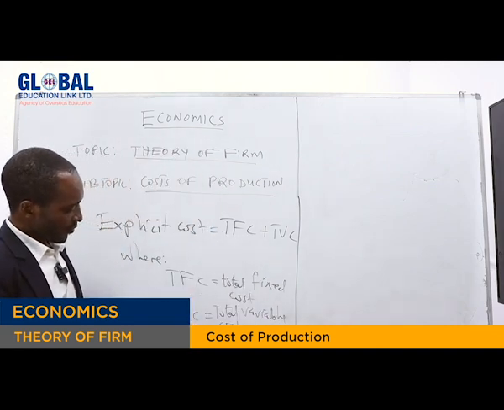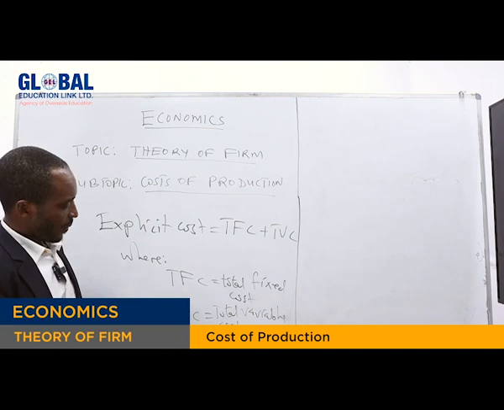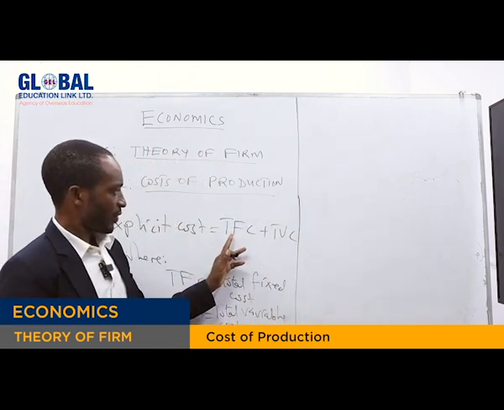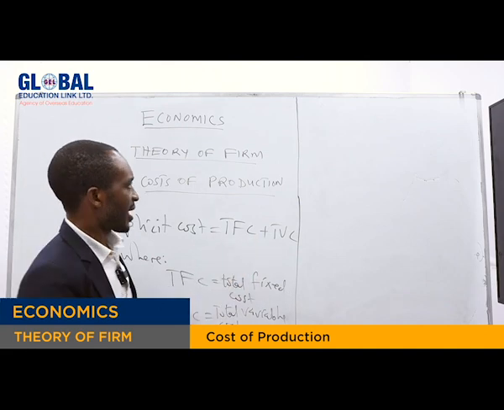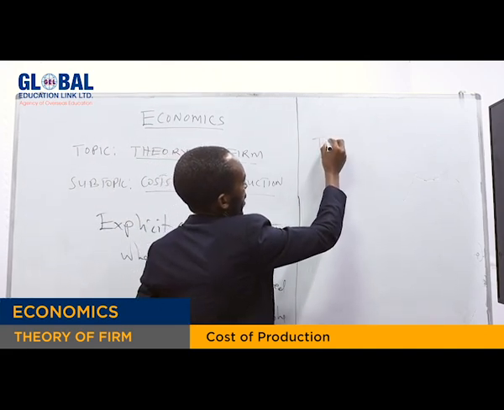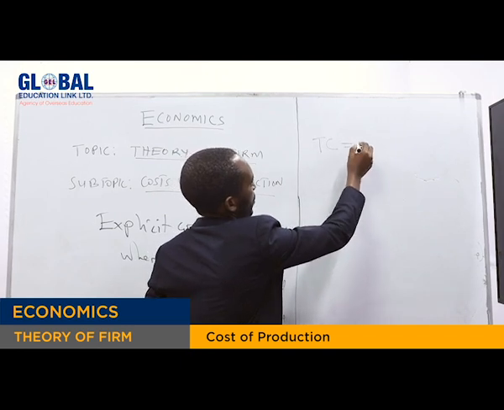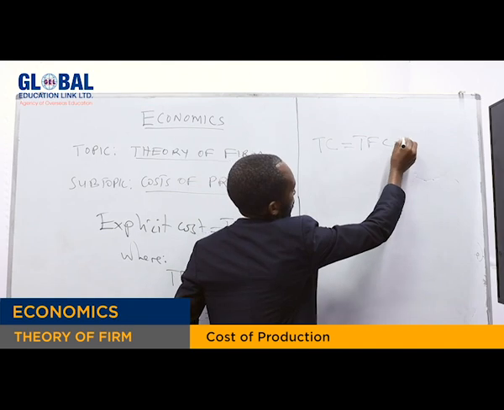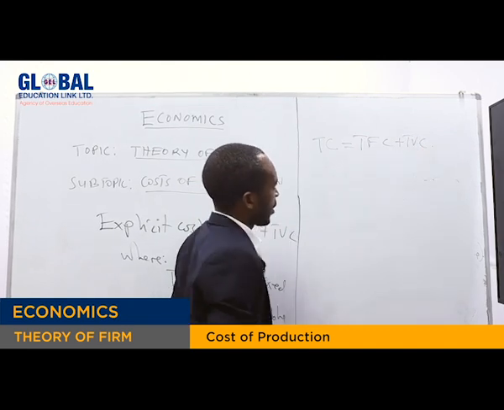When we sum these two costs, we get total cost, which is equal to total fixed cost plus total variable cost.